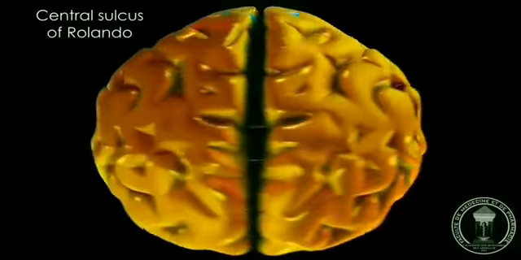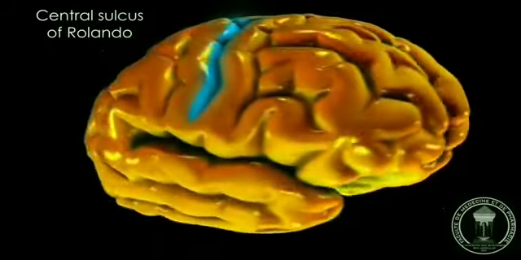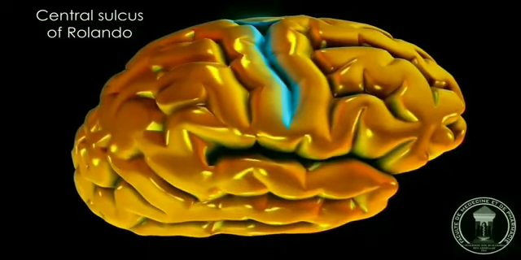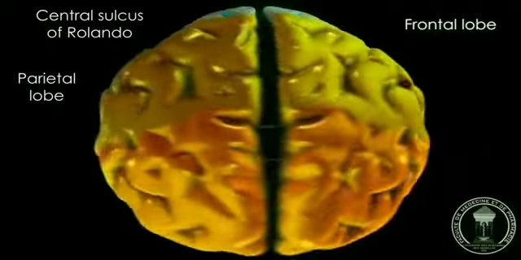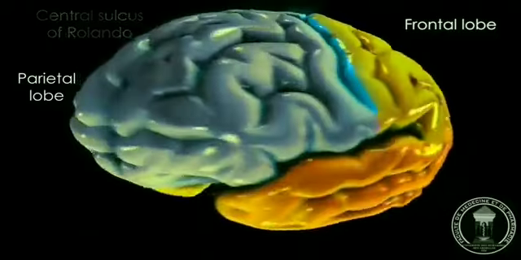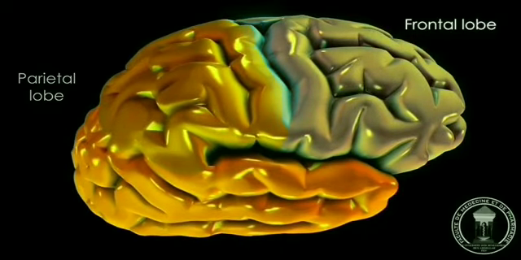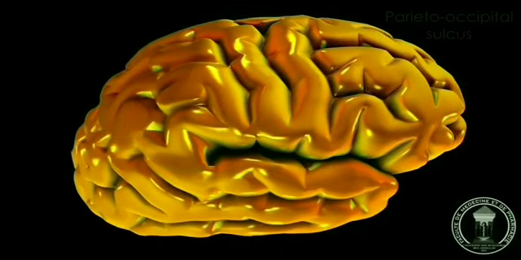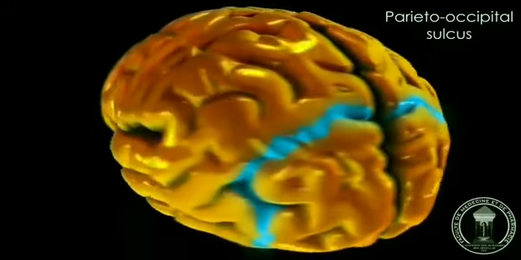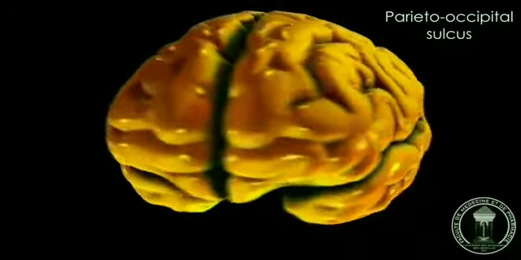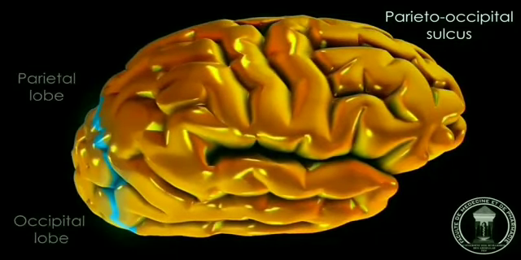Central sulcus. It demarcates the frontal lobe from the parietal lobe. Parieto-occipital sulcus. It separates the parietal lobe from the occipital lobe.